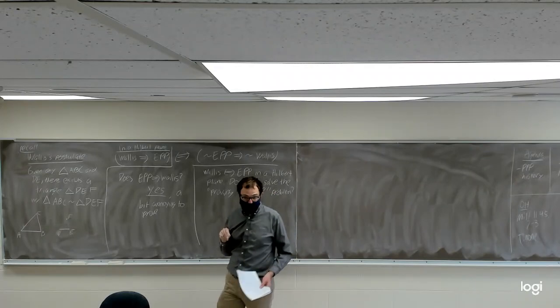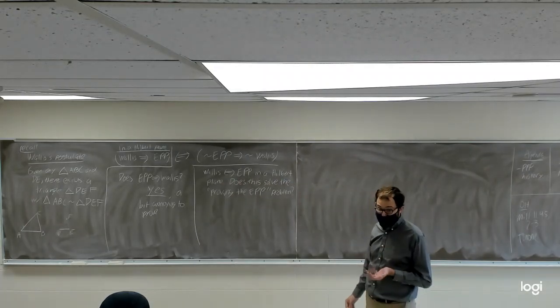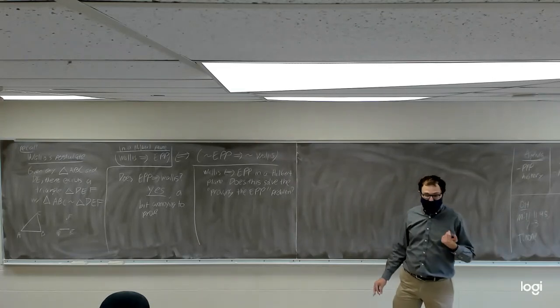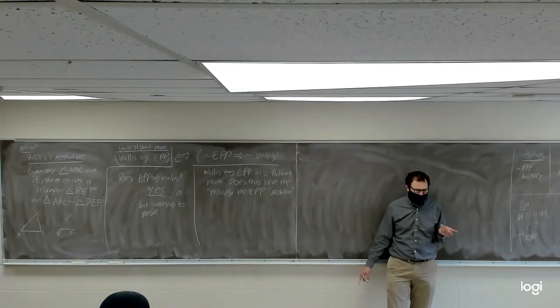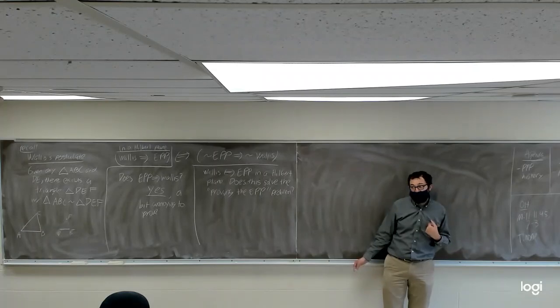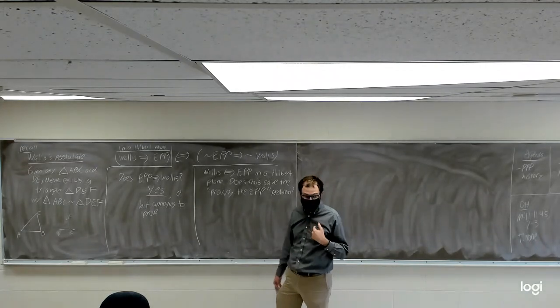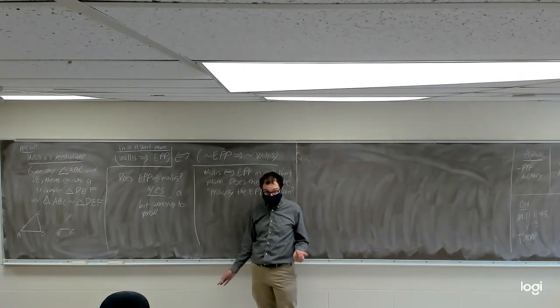The problem that geometers have been working on for hundreds and thousands of years: Euclid has a bunch of postulates and there's a bunch of properties that we're assuming. We'd like to be able to just not have to assume the Euclidean parallel postulate. We'd like to be able to prove it from these other results.